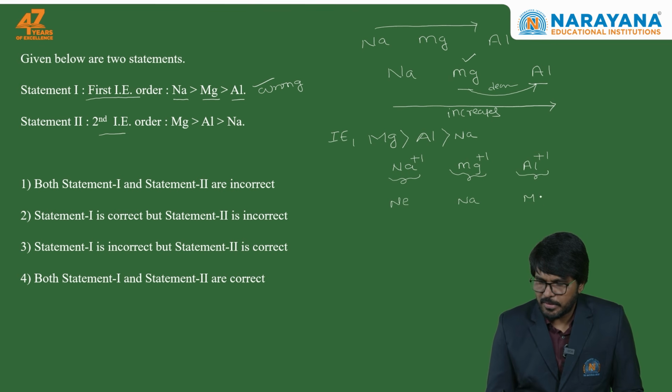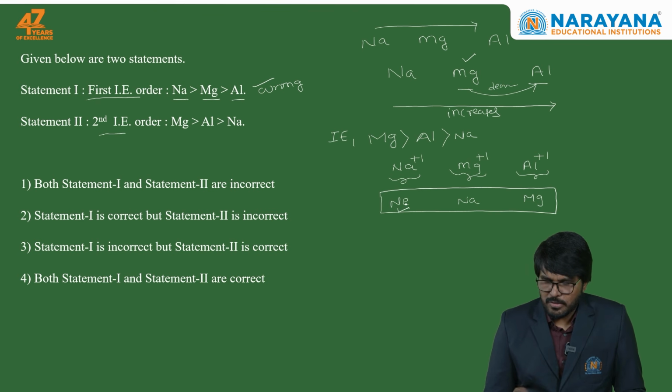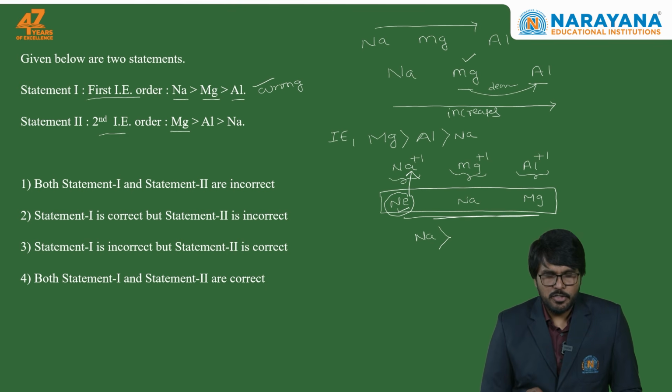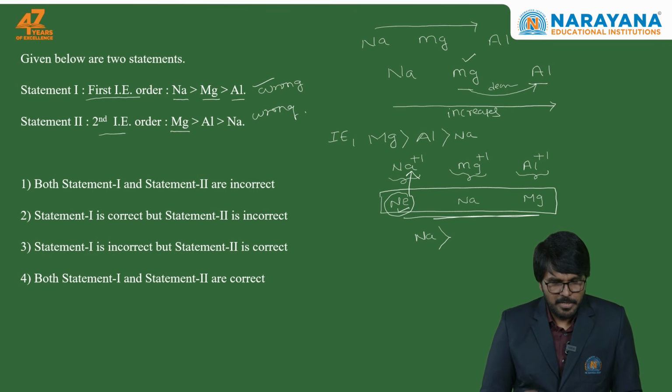Al plus has the magnesium configuration. Among these three configurations, the neon configuration, due to its stable electronic configuration, has more ionization enthalpy, and that is possessed by sodium. So in case of second ionization enthalpy, sodium should have the highest, but according to the given option, magnesium is given highest. Therefore this statement is also wrong. So the suitable option will be that both statement 1 and statement 2 are incorrect.